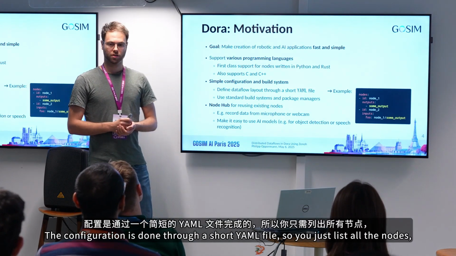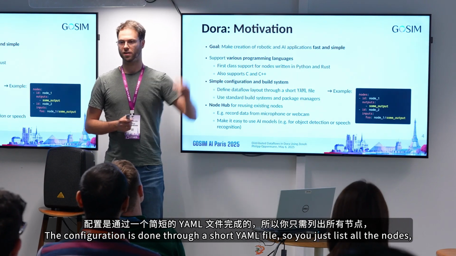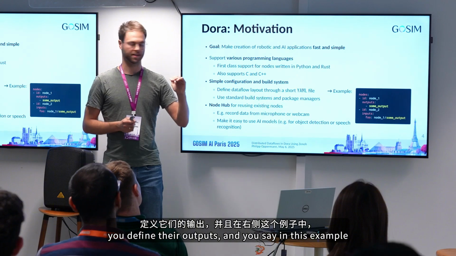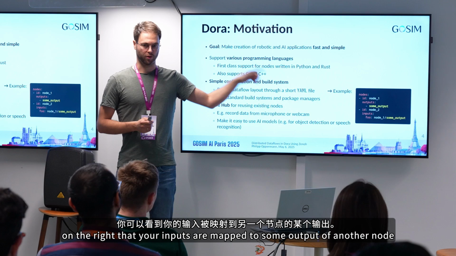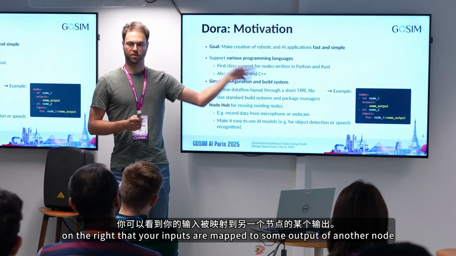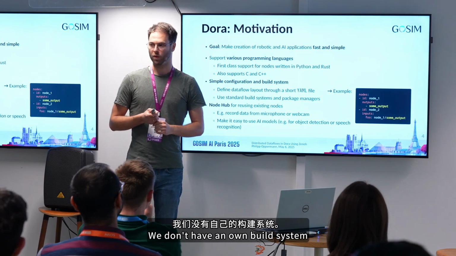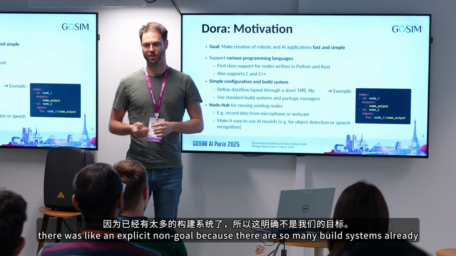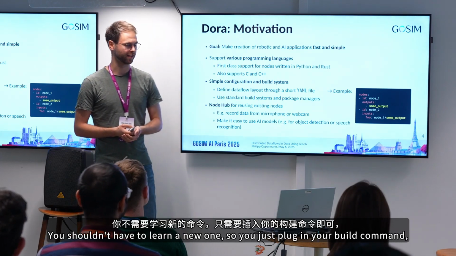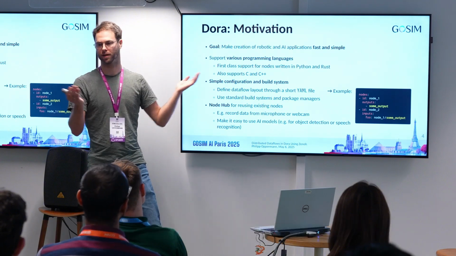The configuration is done through a short YAML file, so you list all the nodes, you define their outputs, and you say, in this example on the right, that your inputs are mapped to some output of another node. We don't have our own build system. That was an explicit non-goal because there are so many build systems already, so you shouldn't have to learn a new one, you just plug in your build command, basically.